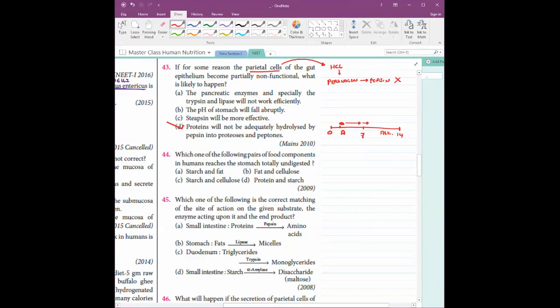So is the pH falling down? If the pH is falling down, it means it is moving more towards the zero side. But it is not moving to the zero side, guys. The pH is increasing and moving more towards the neutral side. That is why the second option is wrong. Those who had answered B, are you guys okay with this?